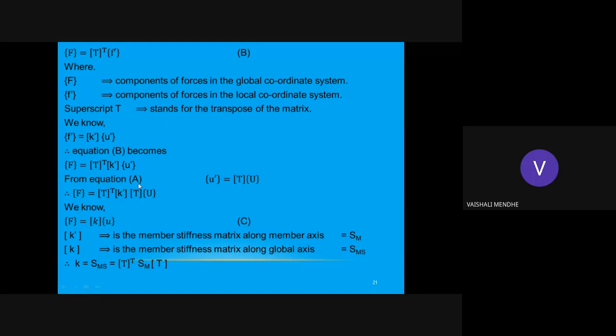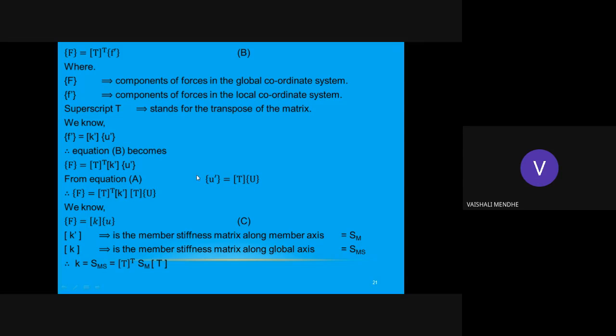Then from equation A we have this relation: u dash is equal to T into u. In the transformation matrix we have this relation. We derived it earlier: dm is equal to T into dx and u dash is equal to T into u, if you take the reference of the last derivation. This is the u dash, displacement in the local direction, equal to T into the displacement in the global direction.